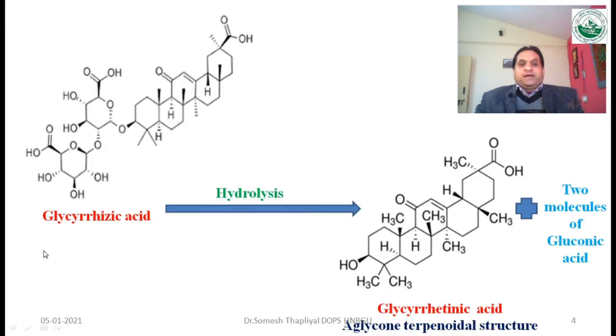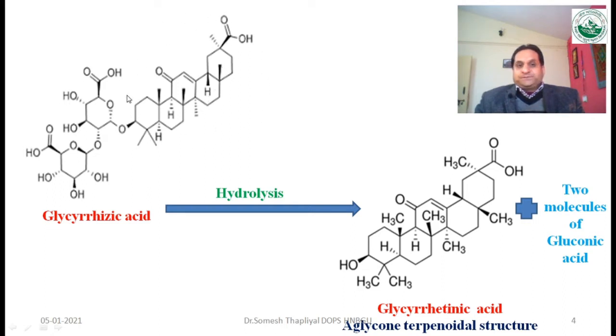Now if you see the structure of glycyrrhizic acid, two glucuronic acids are attached at the beta hydroxyl position of this aglycon part, and this aglycon part is the pentacyclic triterpenoid saponin. Pentacyclic means it consists of 5 rings: 1, 2, 3, 4, 5.